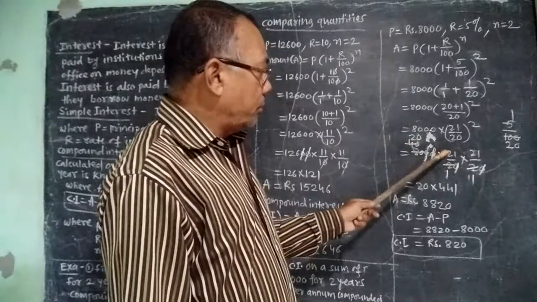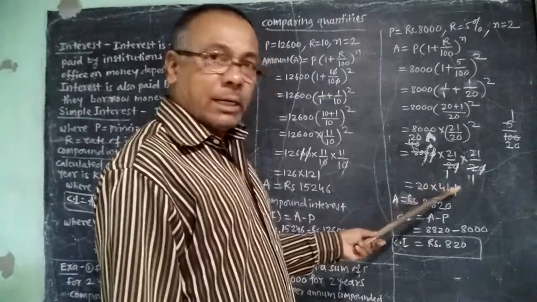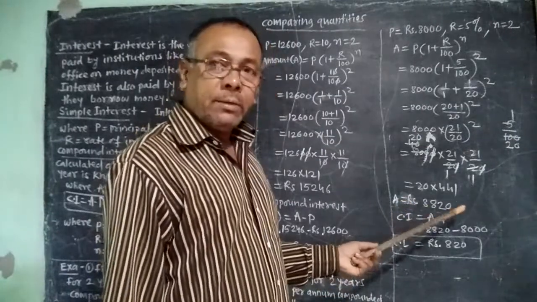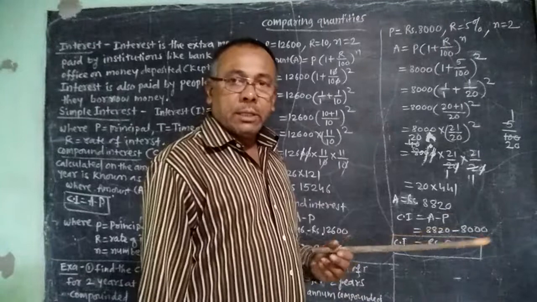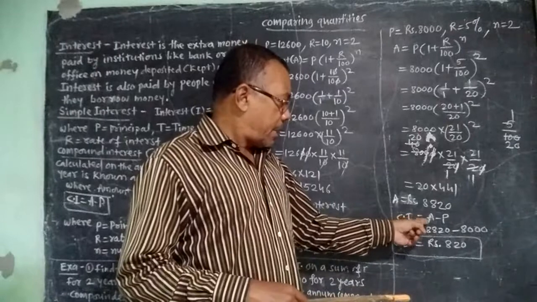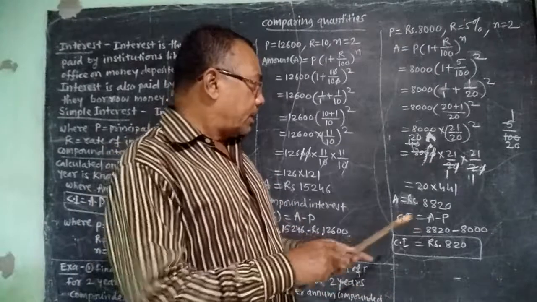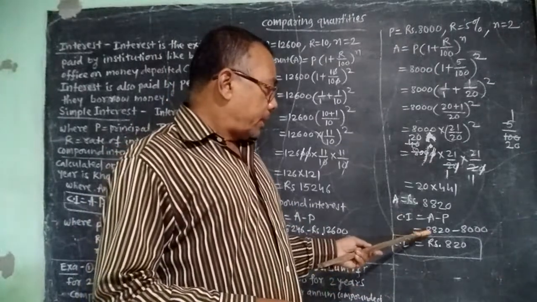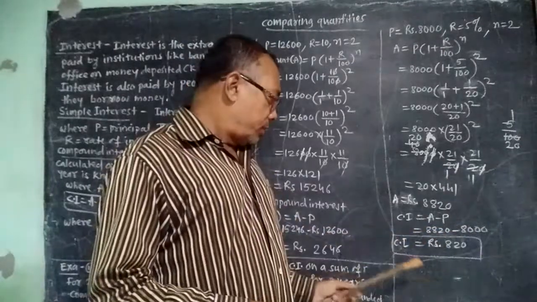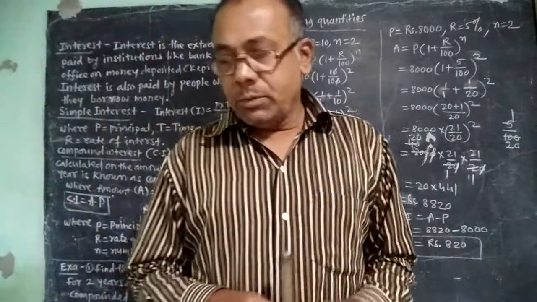So 20 into 21 into 21 is 441. So 20 into 441 we will get amount is equal to rupees 8820. Now we know that CI, compound interest, is equal to A minus P, so CI is equal to 8820 minus 8000. We will get CI is equal to rupees 820.